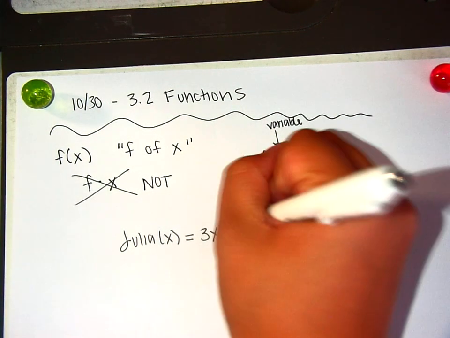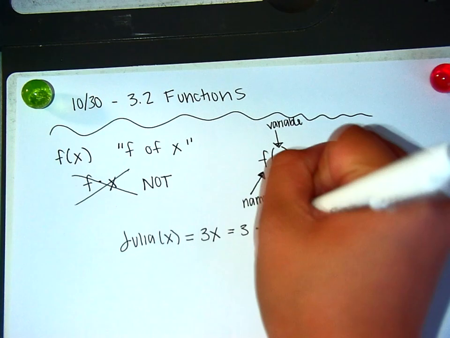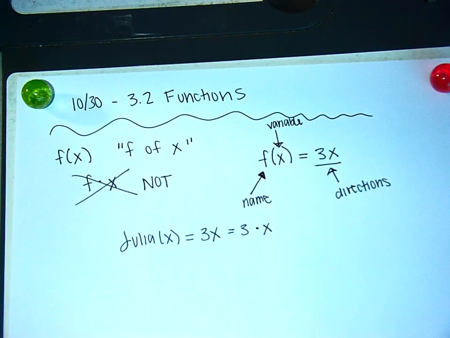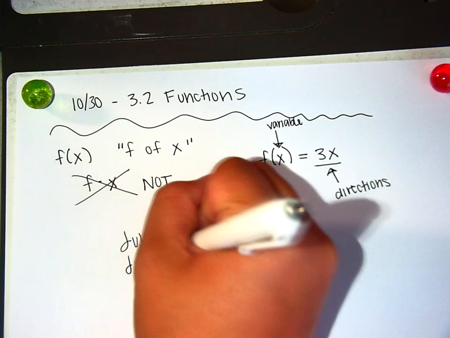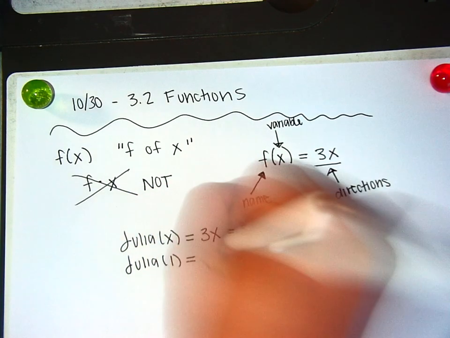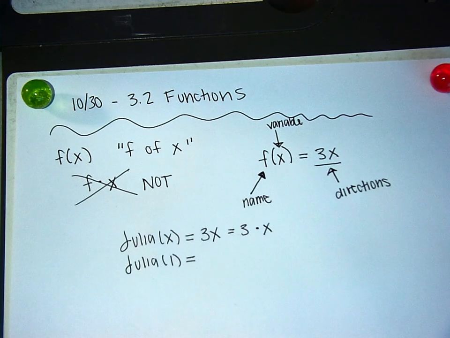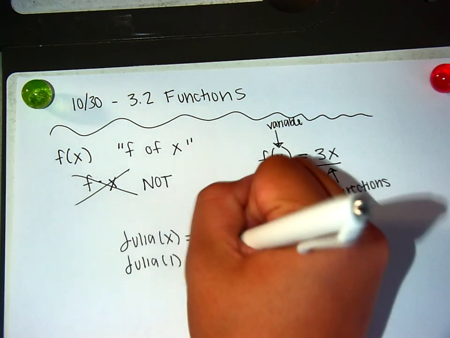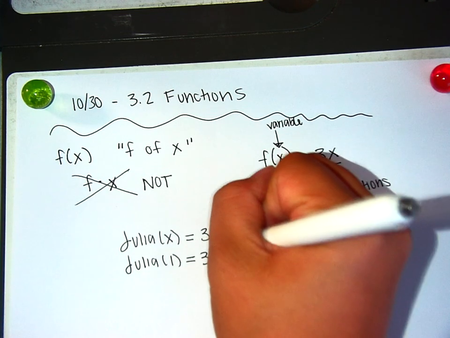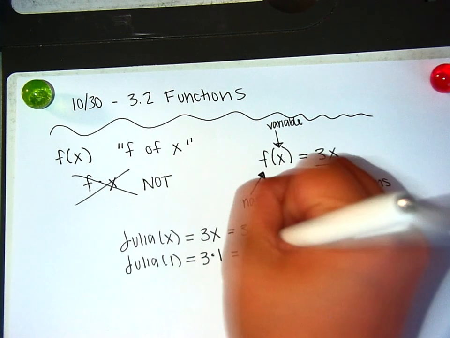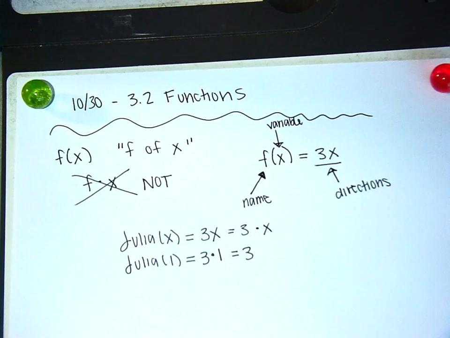So this is really 3 times x. But what if we put Julia of 1? Then what would we do? If we have the 3, instead of x, we have Julia of 1. So we're going to multiply it by 1 to get you 3.